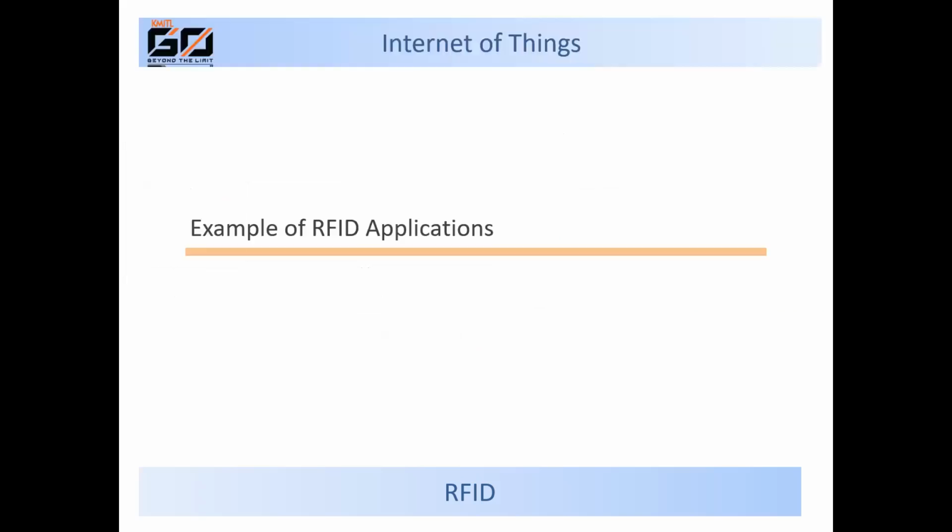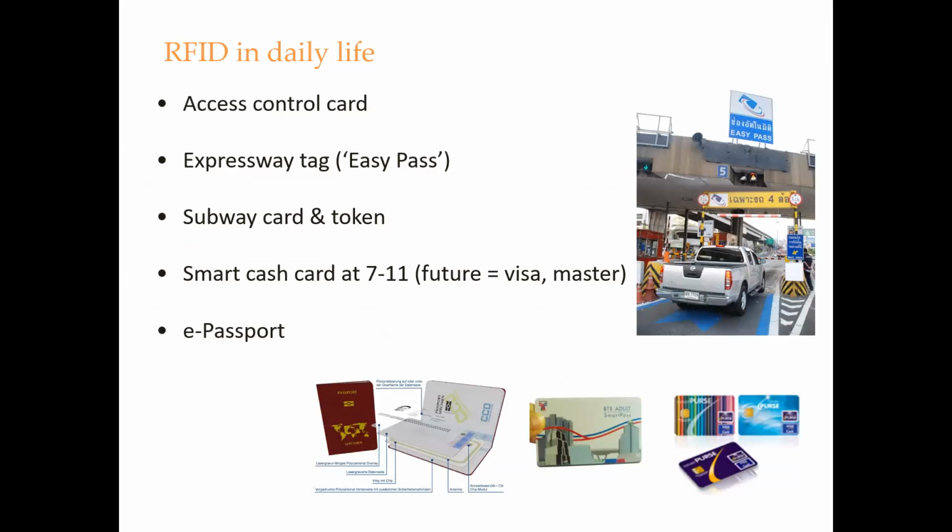Okay, for the examples, I think you guys have experience with this already. This stuff uses RFID technology, in tollways, in passports, even in our library, if you have gone to the library at the university, right?